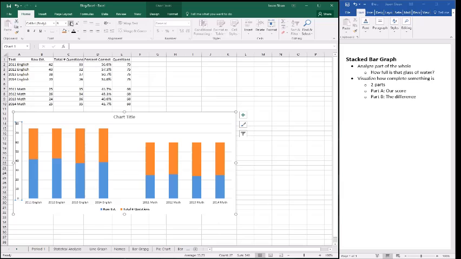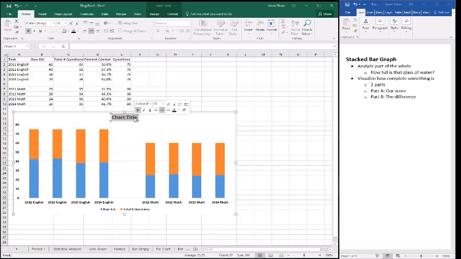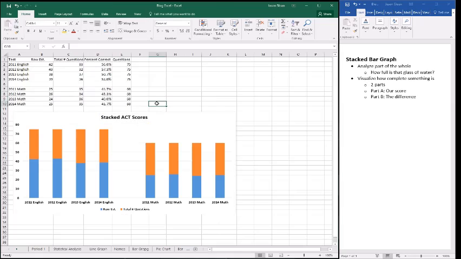So we can make everything a little easier to view just by doing some simple formatting. Then in our chart title, we'll call this stacked ACT scores.